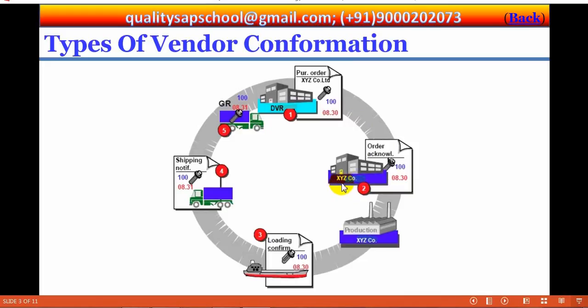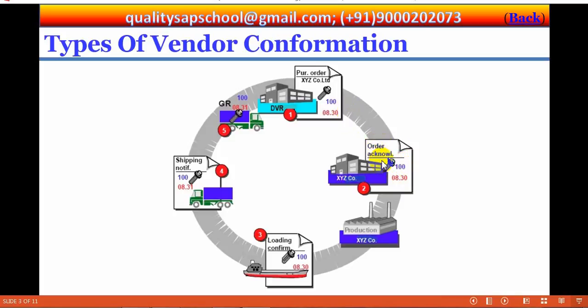The XYZ company acknowledges, that means after preparation of the purchase order, this company sends the purchase order to the XYZ company, and XYZ gives an acknowledgement that we have received so and so material for so and so date.